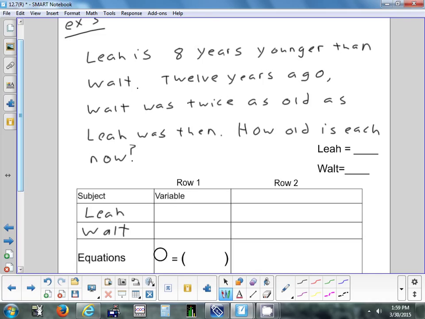Leah and Walt. Okay, Justin, how could I represent Leah's age? L. Sure, let's use L. I'm just going to use a capital L so it doesn't look like a 1. Okay, and Walt's age? Laura?